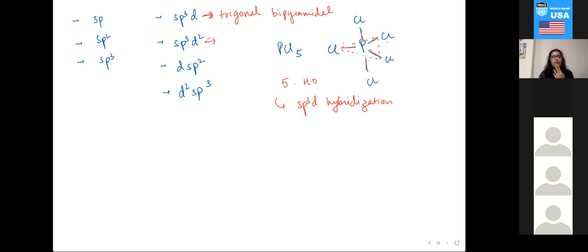What will be the shape of sp3d2? Octahedral. Octahedral is right. With sp3d2, you have a total of 6 hybrid orbitals, right? So if you had to arrange 6 bonds, yes, a square in the center, up and down perpendicular, so you get octahedral.